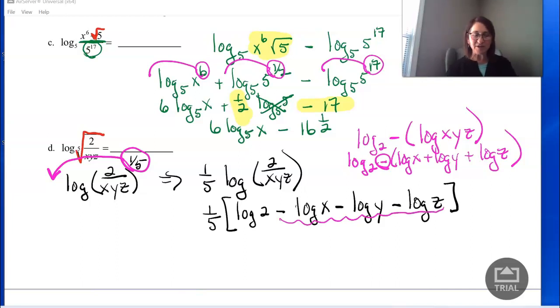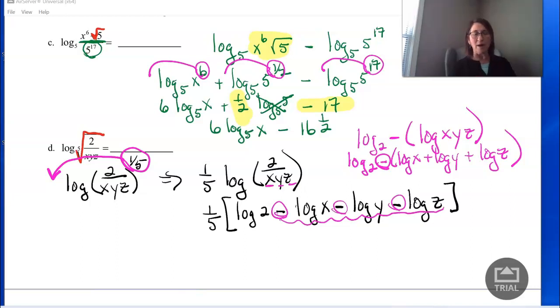As a matter of fact, you can skip all those pink steps and just recognize that when you have factors in the denominator, every single one of them is going to have a subtraction sign in front of that log. You can go directly to that step. Saves you a lot of work.